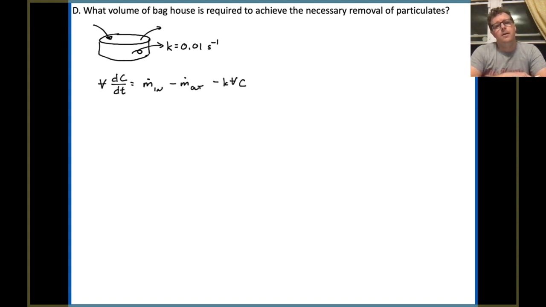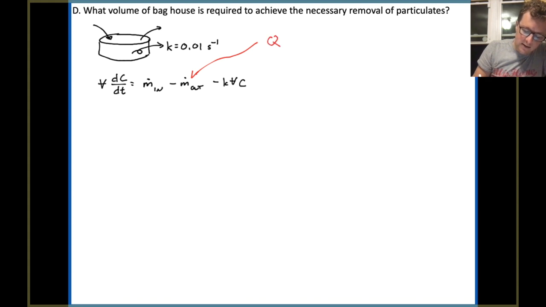And here I'm thinking about a steady state CSTR. So the accumulation on the left-hand side is equal to the mass rate in minus the mass rate out minus KVC to deal with that reaction term. And just one quick note here, we often write things like Q times C when we're doing these problems instead of a mass rate, but of course that functionally is a mass rate.